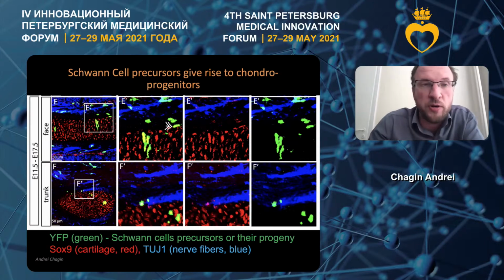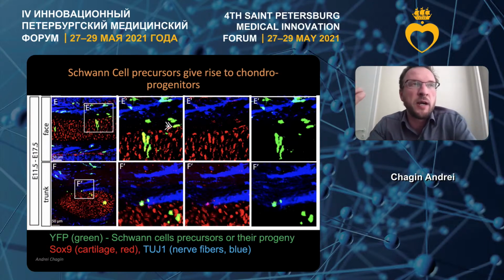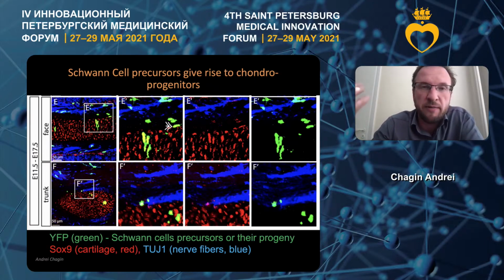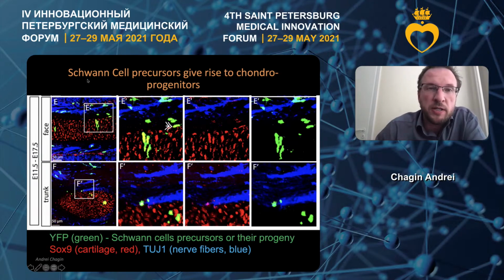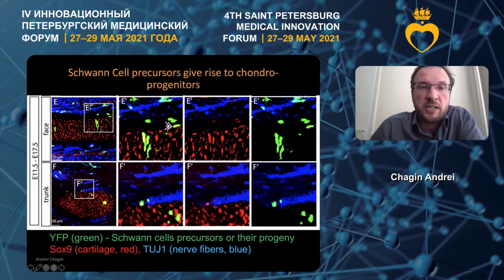E stands for embryonic day, mouse embryonic day 11.5 and 12.5. The cells we labeled at E11.5 have generated cells which we see in the cartilage. So these are chondrocytes. They are double positive for SOX9 and they are green, meaning that they've been genetically labeled.